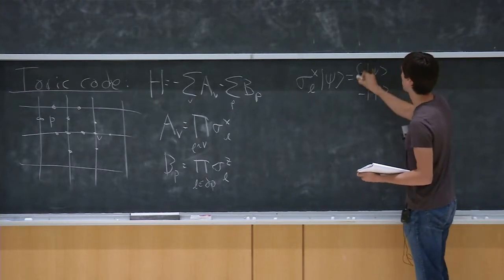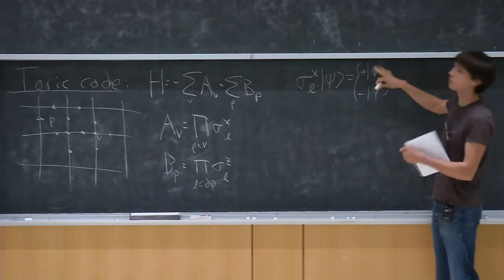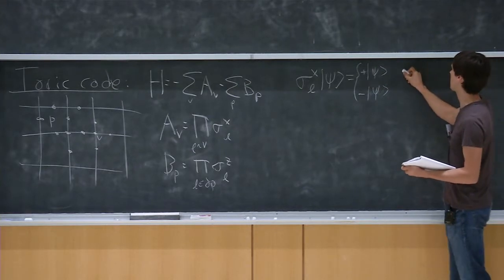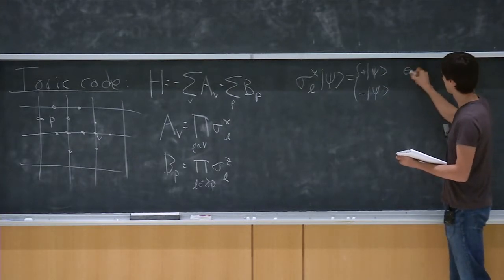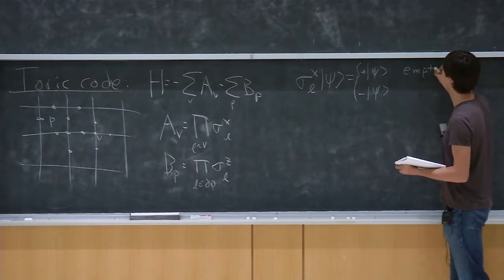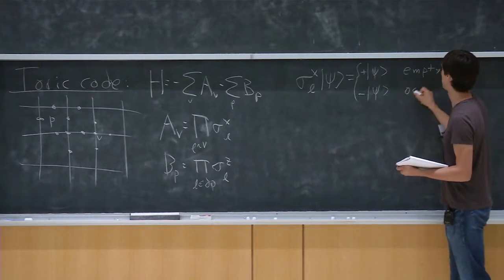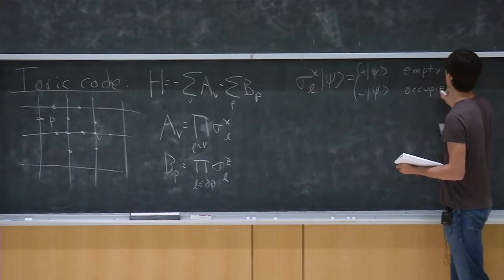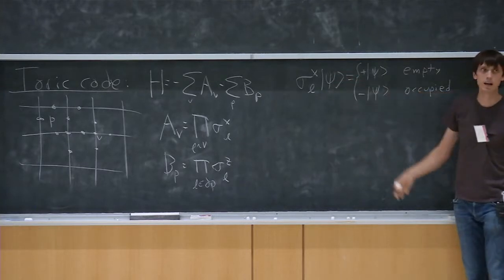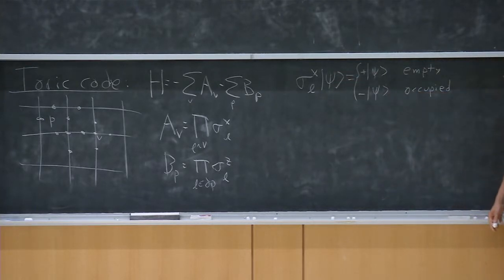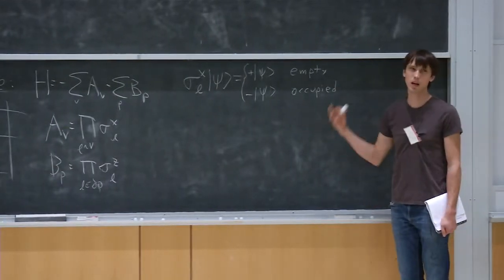If it's the +1 eigenstate, the link is empty, and -1 will be occupied. Then any configuration on the entire lattice in terms of the sigma x basis, a configuration of spins on these links which is on each link an eigenstate of sigma x, has a corresponding picture associated to it, which is just the set of all occupied links.